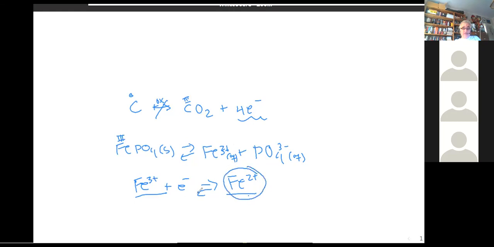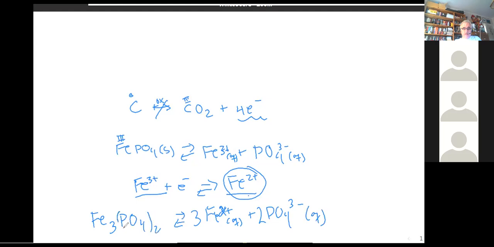If iron 2+ is produced, then of course iron 2+ and phosphate, they also... now let's see, this is more complicated because it's 2+ and 3-. So we take 2 of these and 3 of these. What does it make? It makes another iron containing mineral, or phosphate mineral.